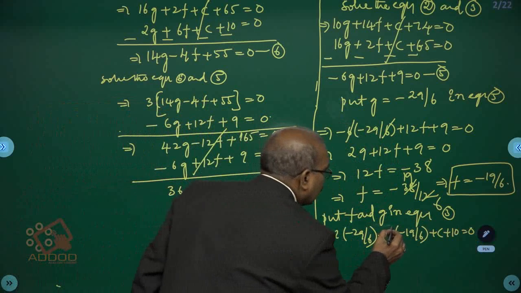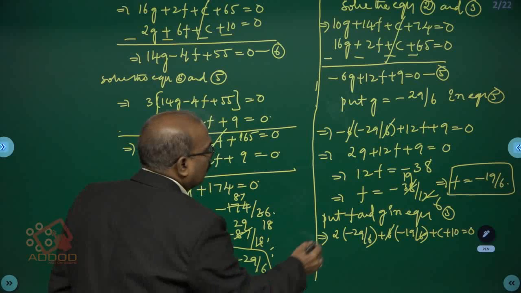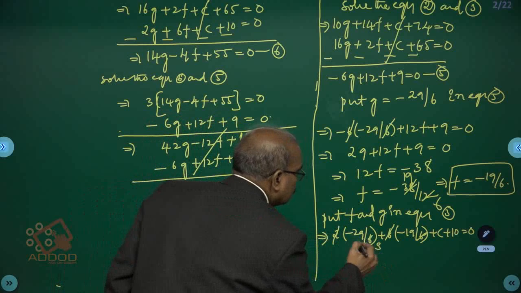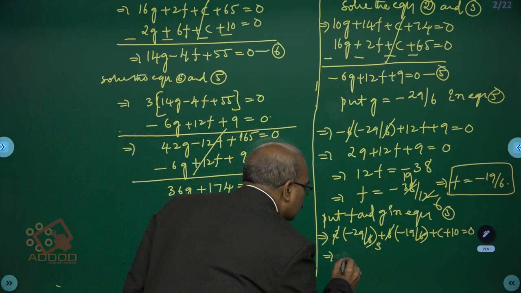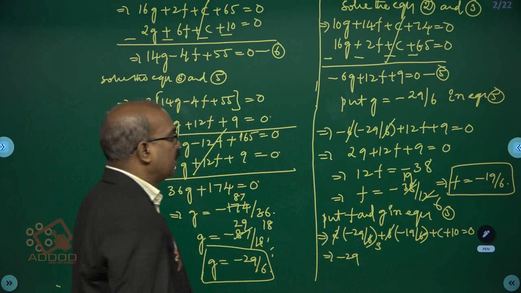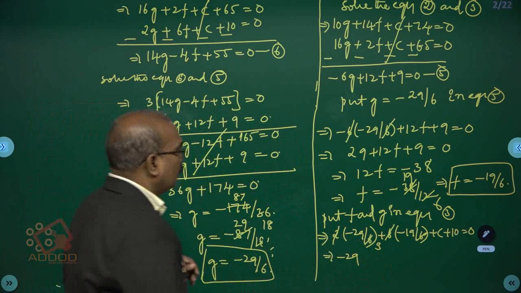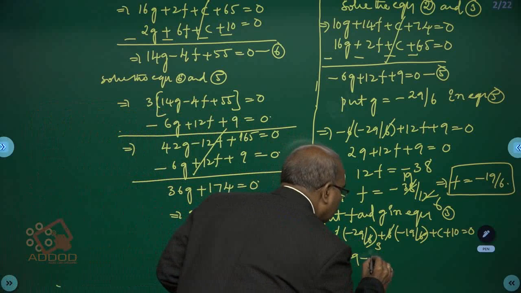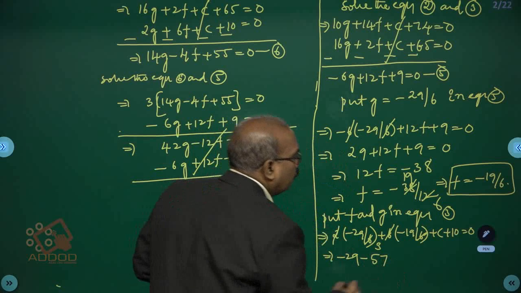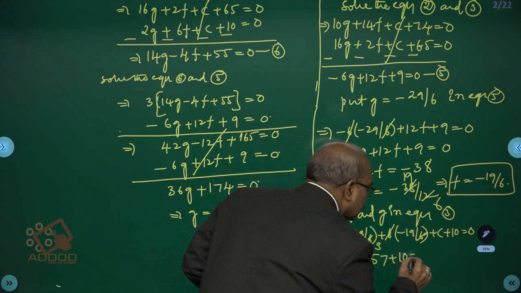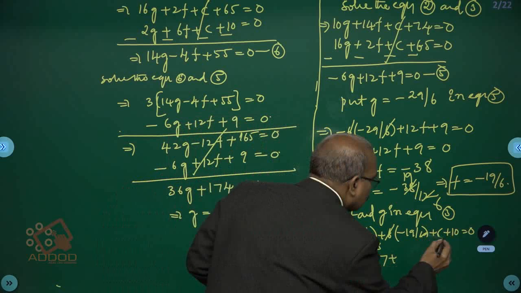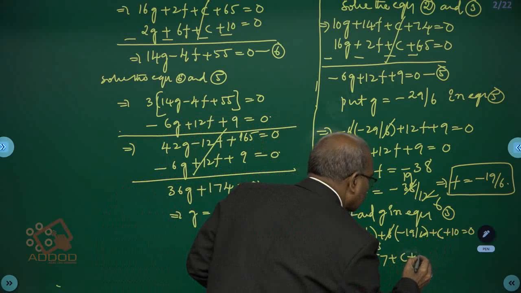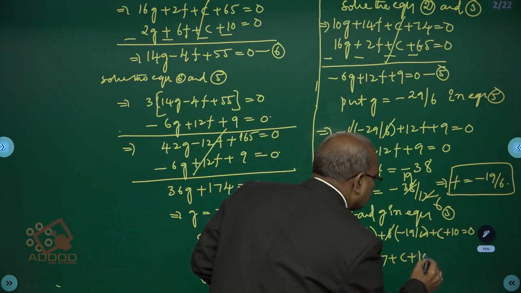Then we can cancel this 6. So finally we get here -29, next -57, plus C plus 10 is equal to 0.